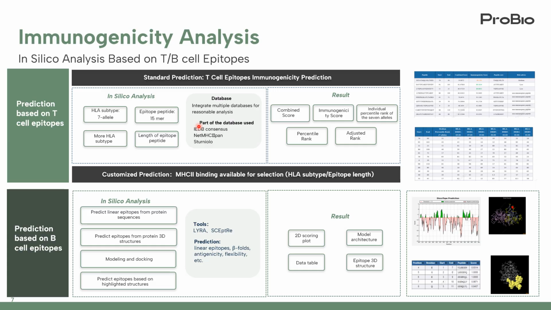Probal's team has established a comprehensive prediction package to combine the scores from different databases with percentile rank. For B-cell epitope prediction, the in silico analysis will return the potential linear and conformational epitope based on sequence or 3D structure.